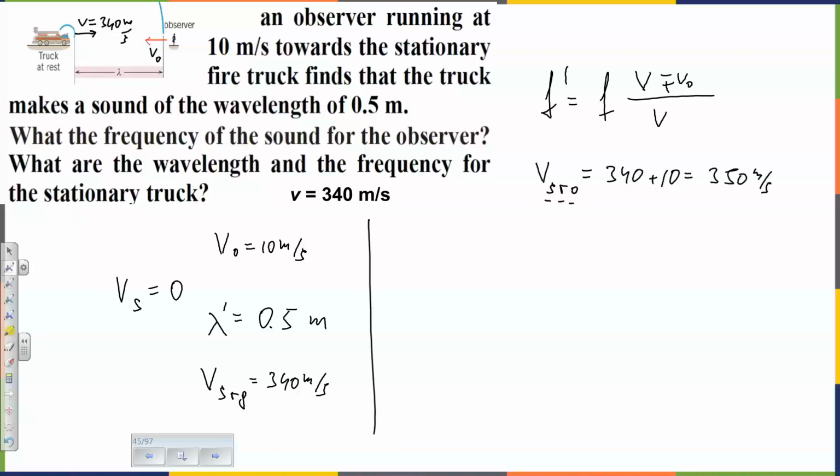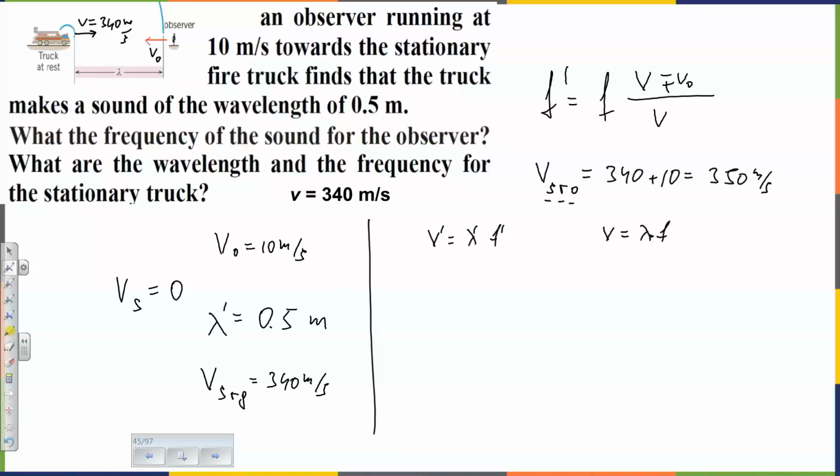Now, of course, we can't use that equation yet because there are too many unknowns. We don't know either frequency yet. So what we can always do is write the same equation which relates speed, wavelength, and frequency twice. Now some of these will be different, some will be the same.